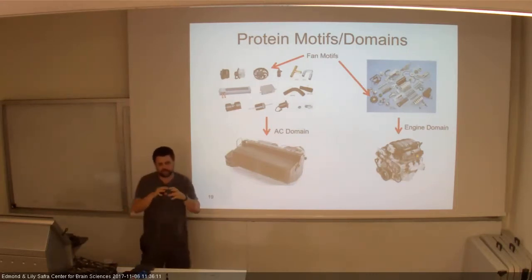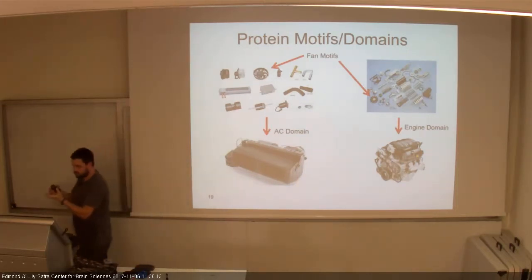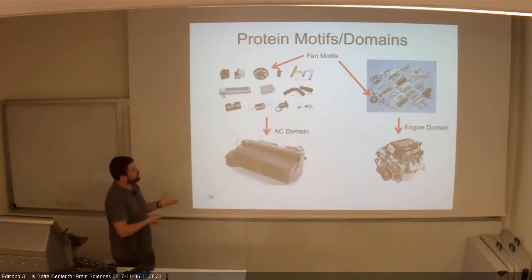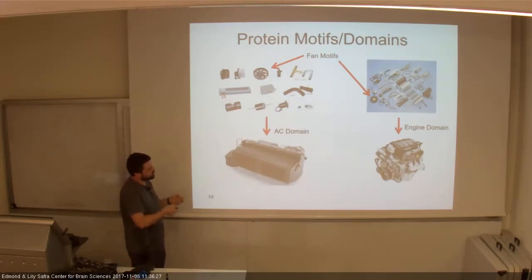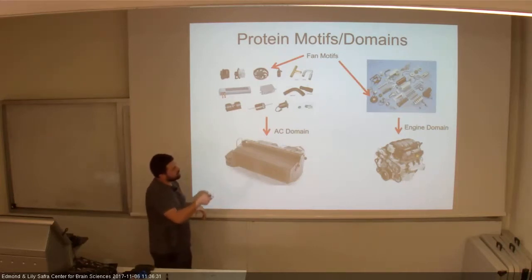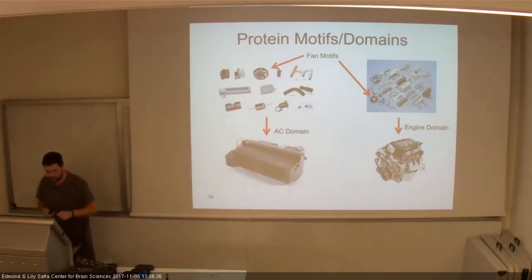Those are small components inside the protein or domain that have the same function. This fan and this fan have the same function, but they serve different purposes. Here they cool the system, and here they also cool the system, but these are completely different proteins, if you will.